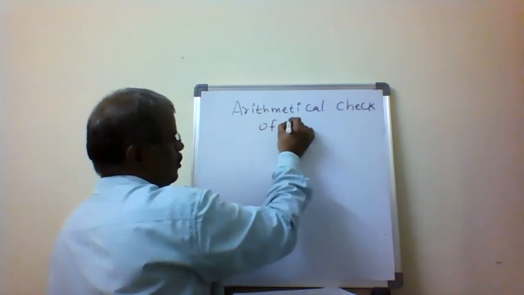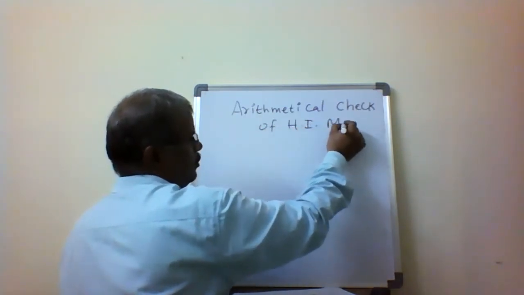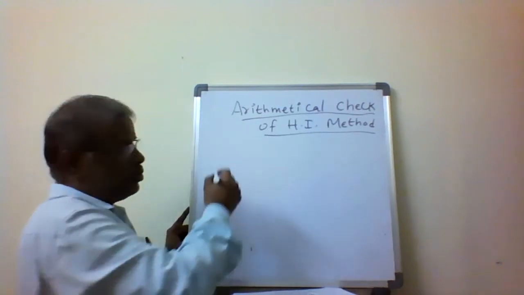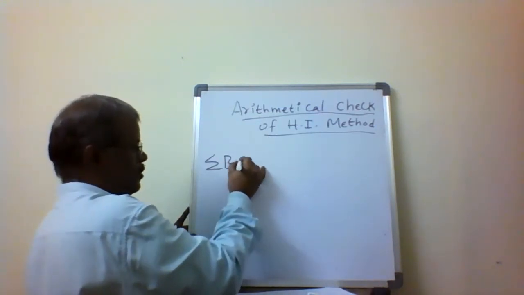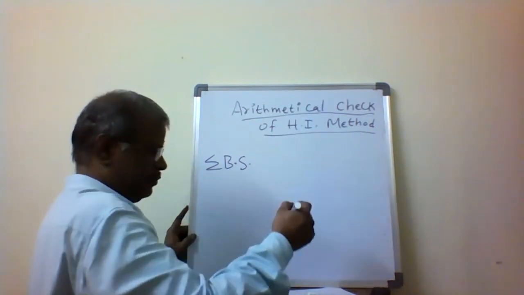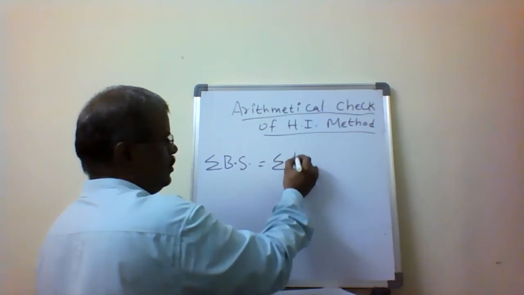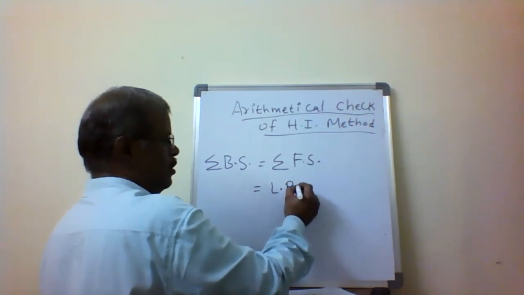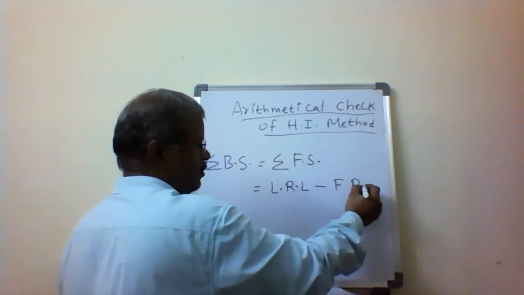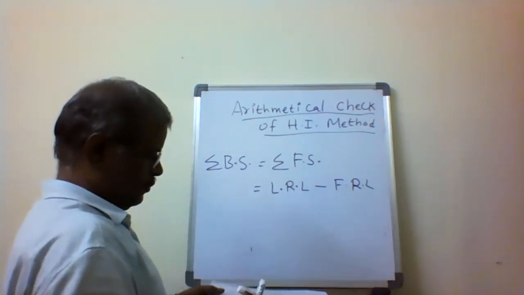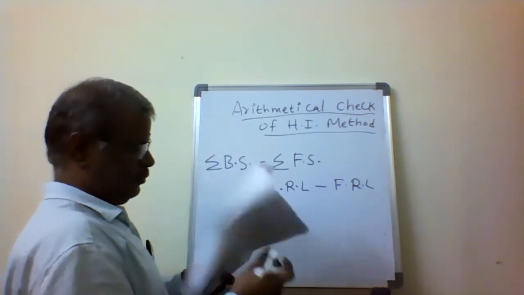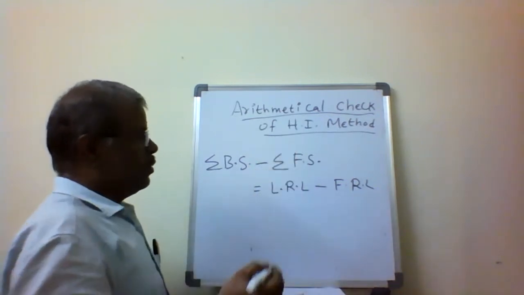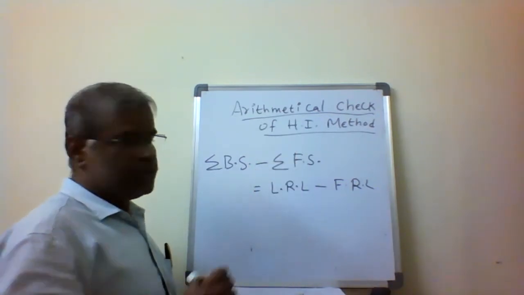Arithmetical check of height of instrument method: sigma BS minus sigma FS equals last RL minus first RL.